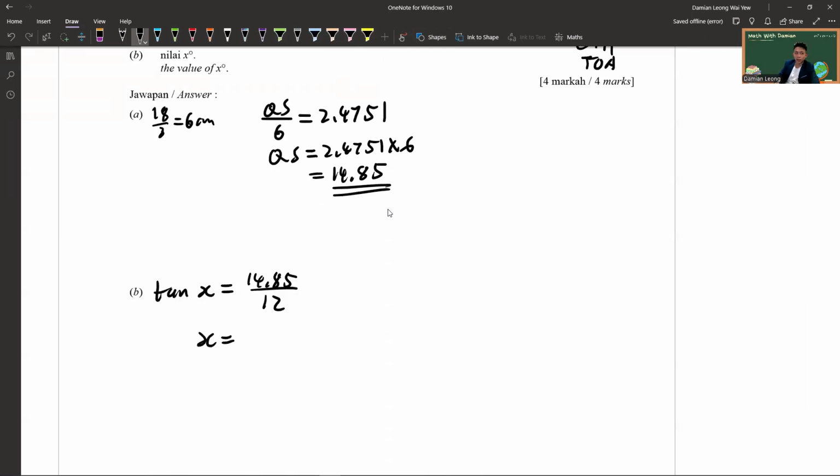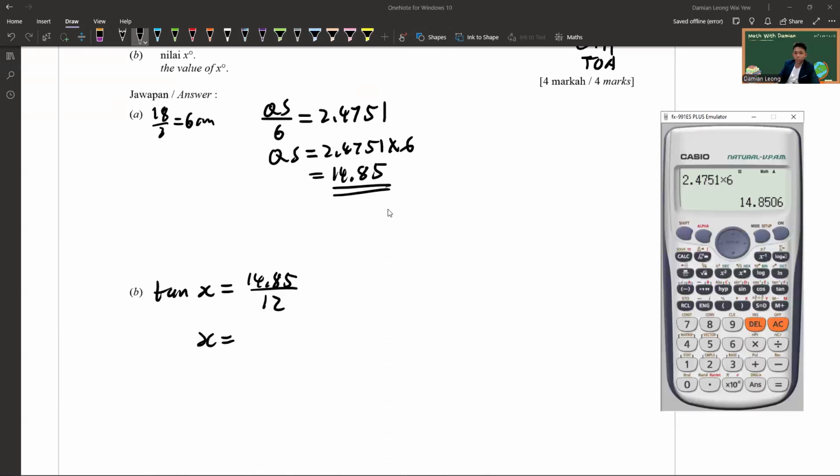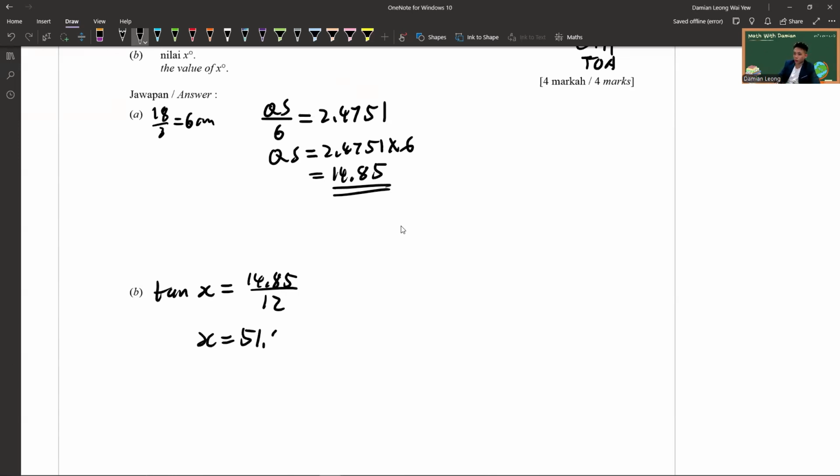So to find x, I use tangent inverse, shift tangent, and then 14.85 divided by 12. And I get 51.058, so 51.06 degrees. That's the value of x. Okay, that's for question 9 here.